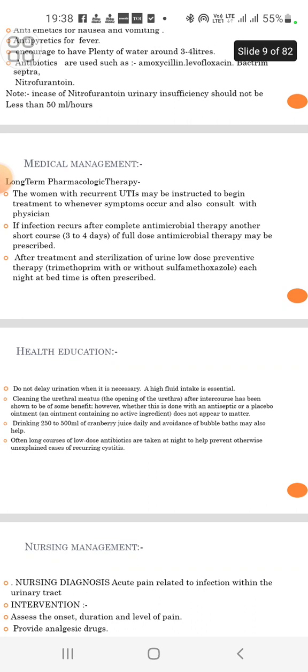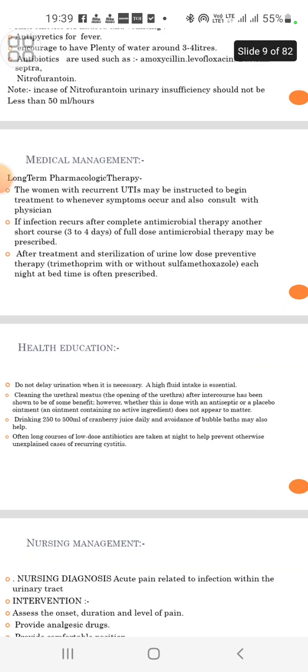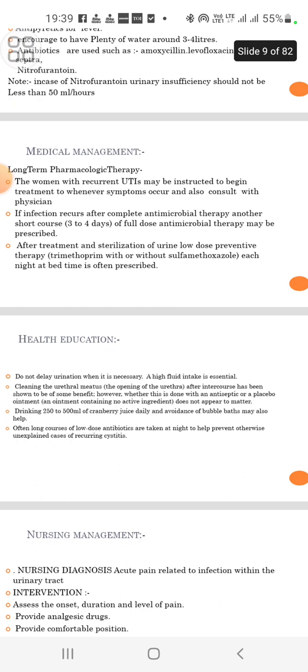After that, certain points should be kept in mind, like cleaning the urethral meatus after intercourse, which has been shown to have some benefits. Sexually active people should keep in mind that before and after sexual intercourse they should void, that means pass urine. And drinking 250 to 500 ml of cranberry juice daily should be advised.